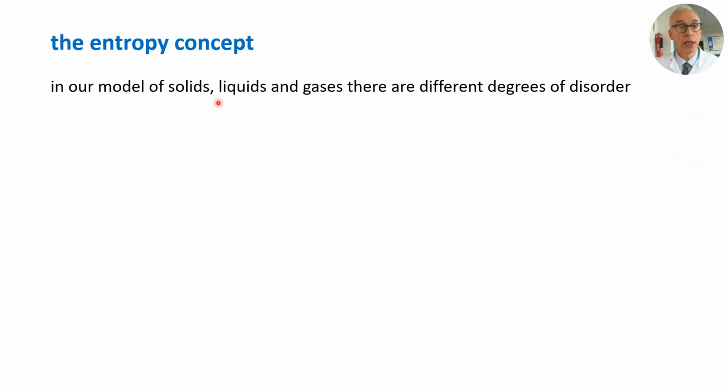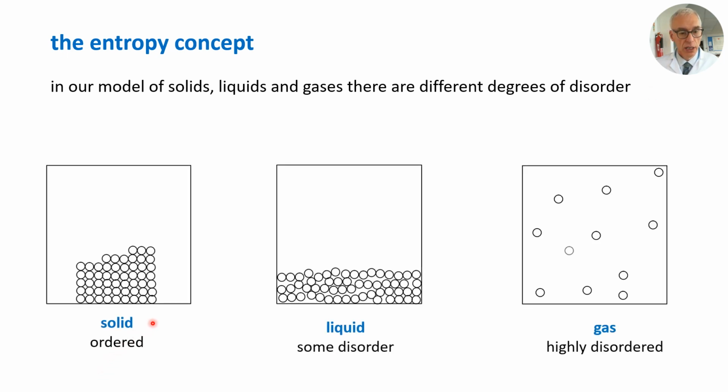So if we use our simple particle model of solids, liquids and gases, we can see that there are very different degrees of disorder. You'll be used to seeing solids represented as regular and close arrangements of particles, which obviously have high order.